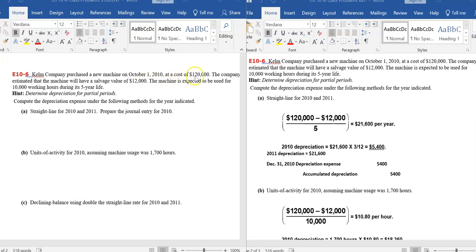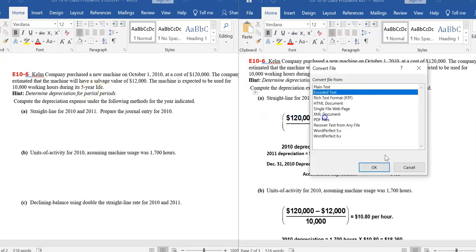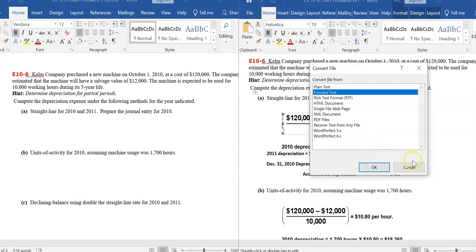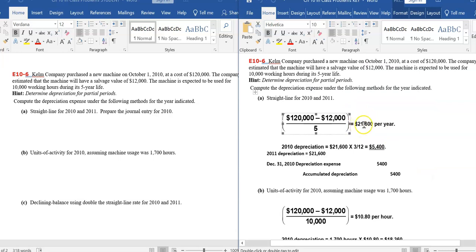So if we take the cost of the asset, subtract out its salvage value or residual value, and then we divide by the number of years of life. Cost minus the salvage value divided by the useful life. This asset will be depreciated $21,600 per year.